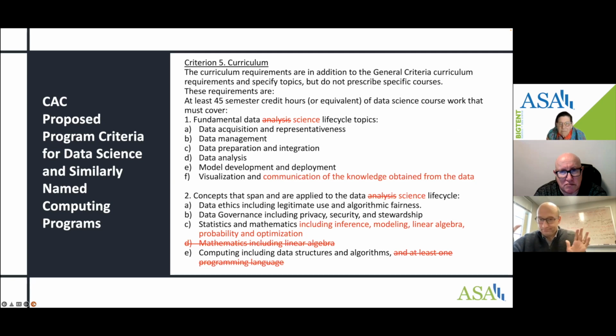And again, better late than never. And CSAB has made it very clear that they're thrilled to have the ASA as part of this group. The reason that we weren't there from the outset has too much to do with lots of misunderstandings. It's just not even worth getting into.